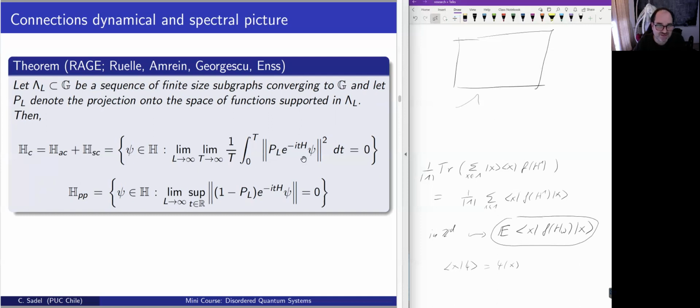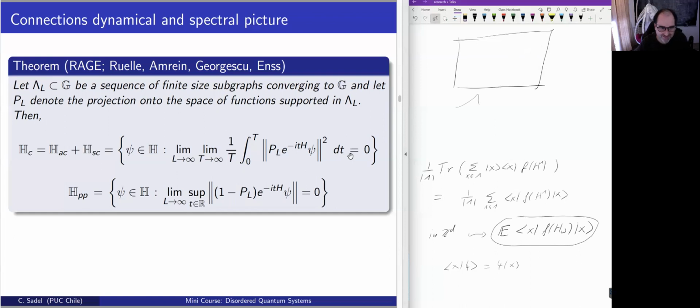Okay, so in the continuous case, you look at the evolution and then you project onto this box B, and then you take this norm squared, which is the probability to find your particle in the box of size L after time t. And you average this probability over times from 0 to capital T and take the limit. And then you take the box size limit to infinity, and you get that this is 0.